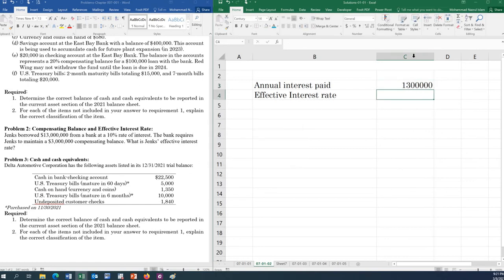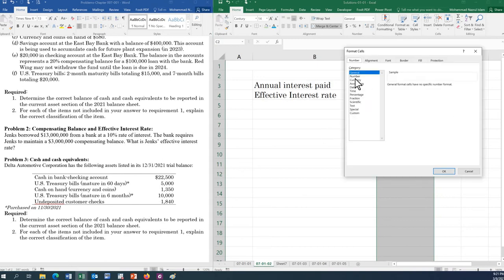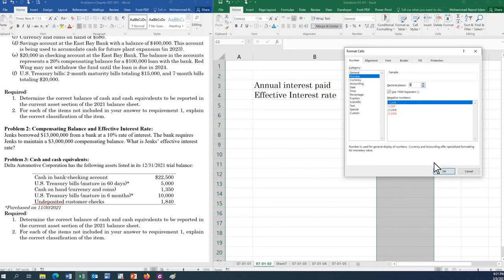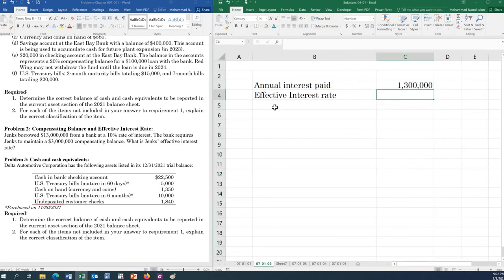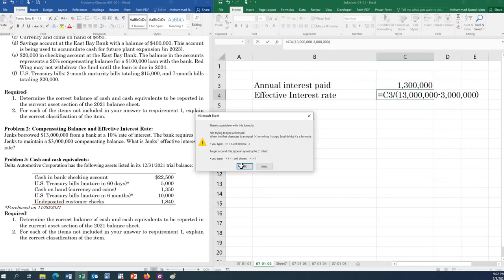So this is the amount. Let's format it with the separator. And the effective interest would be based on 13 million minus 3 million.